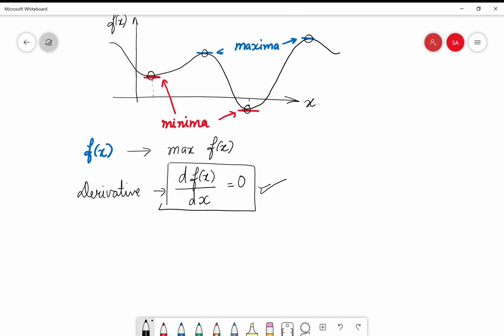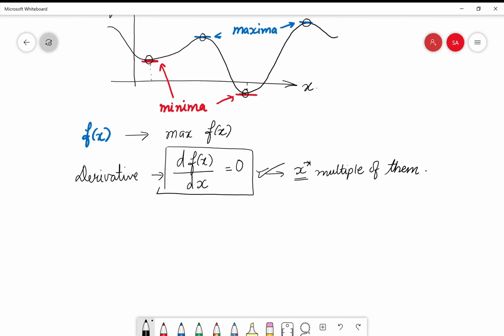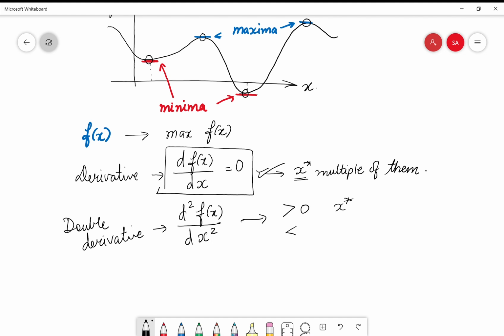Now if you got multiple such points, multiple x stars where your derivative is 0, then to figure out a minima point or a maxima point you computed the double derivative of f of x and checked whether it is greater than 0 at x star or less than 0.